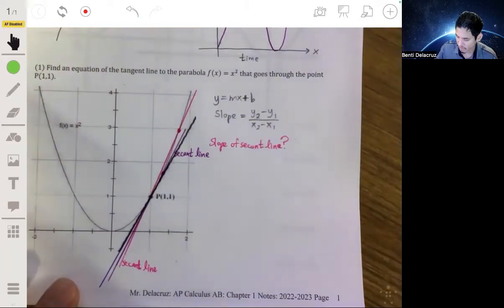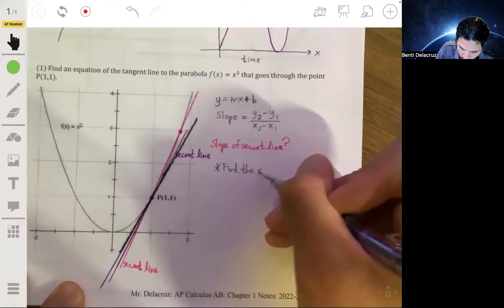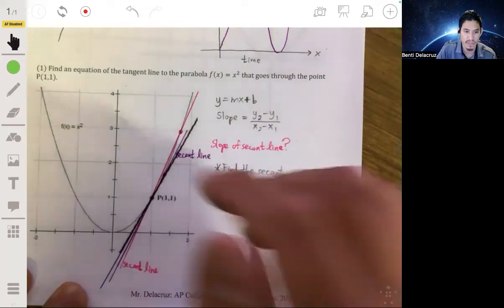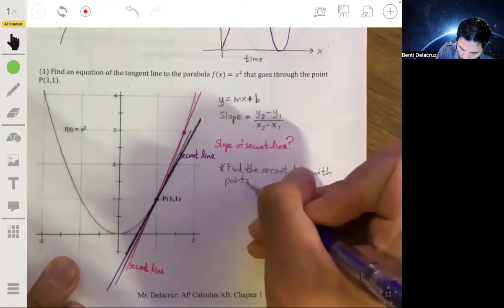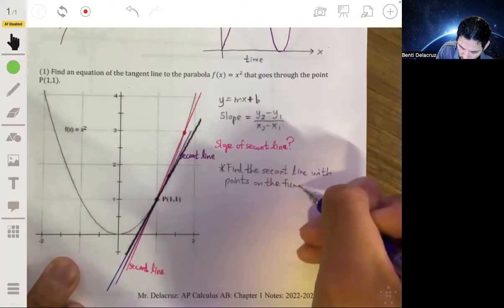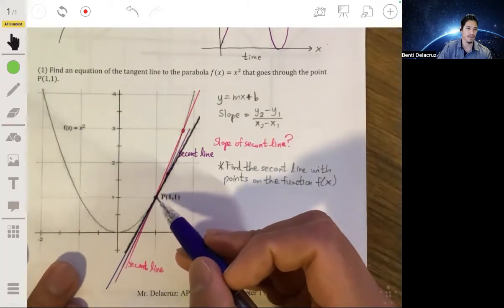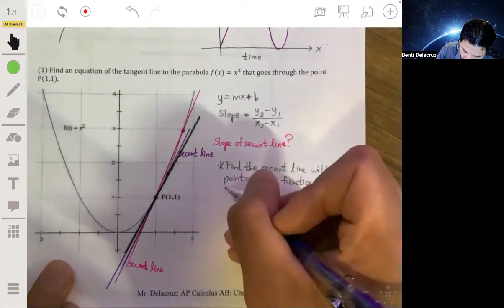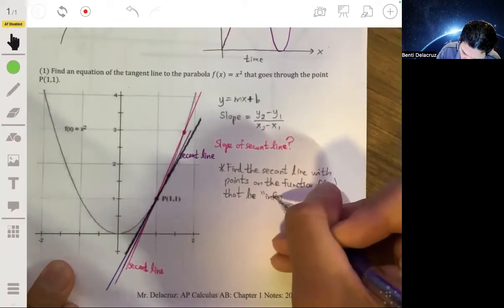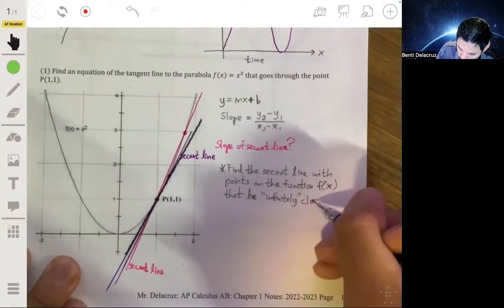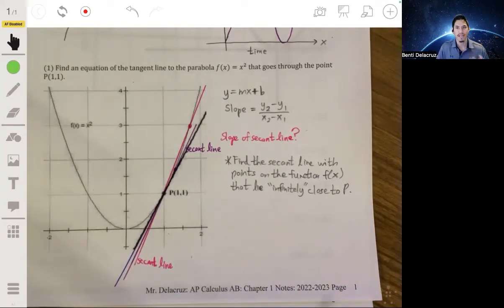So the big idea is to find the secant line that goes through points on the function f of x, but also where the points are, we say, infinitely close to point P. Now, this idea of infinitely close, we're going to learn in this chapter is known as a limit.